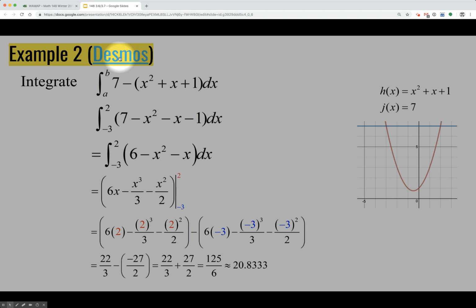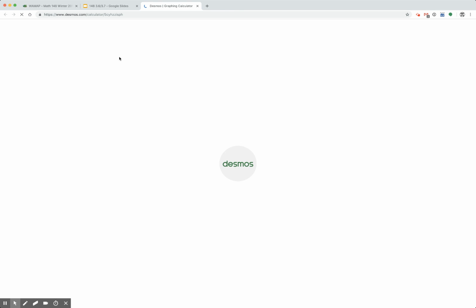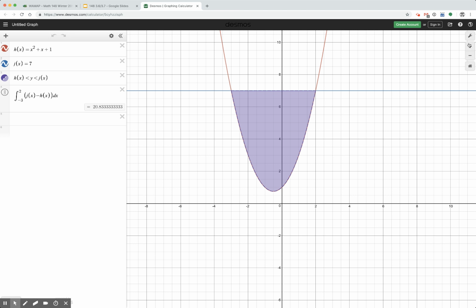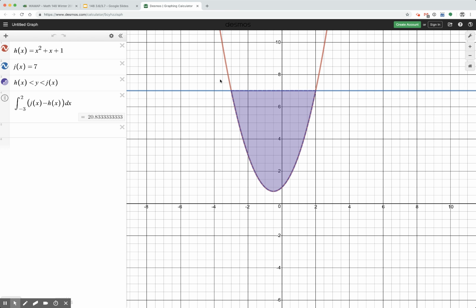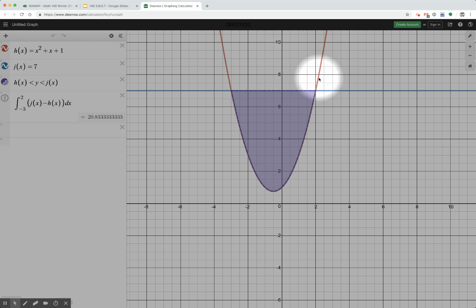We can see this in Desmos. Let's go over there. I've set this up for us already. I'll go into projector mode. You can see y equals 7 is up here as a flat line. And then we have our parabola in red. And then the purple region is the area that we are looking for.